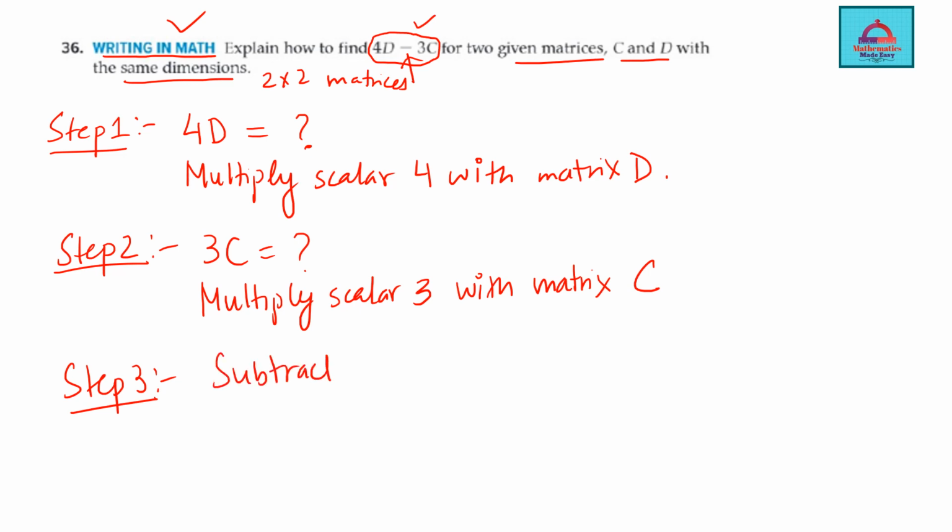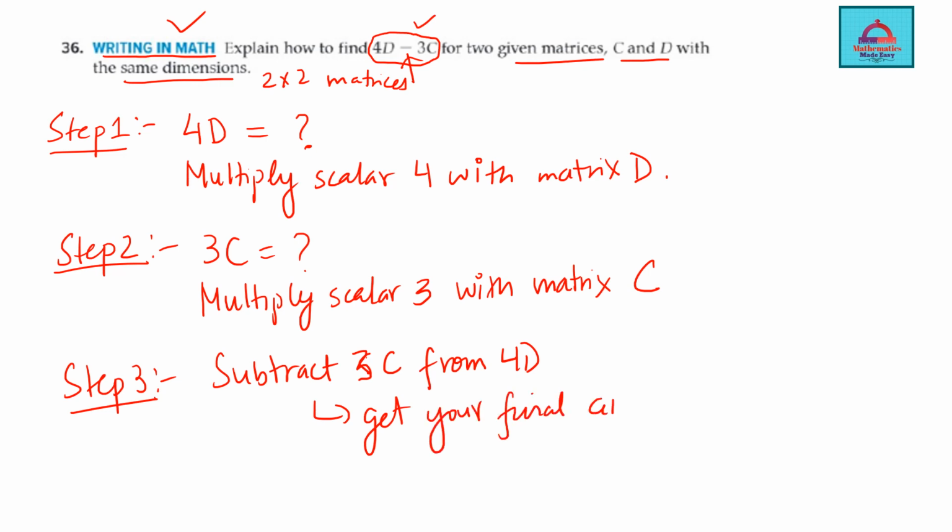So you subtract 3C from 4D. In step 3, you use step 1 and step 2 to get your final answer. So this is writing in math, where you just have to write what you are going to do, but you don't have to actually solve it. So that's a subjective question.